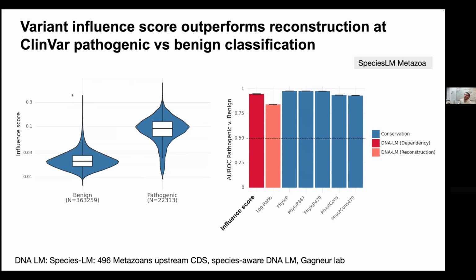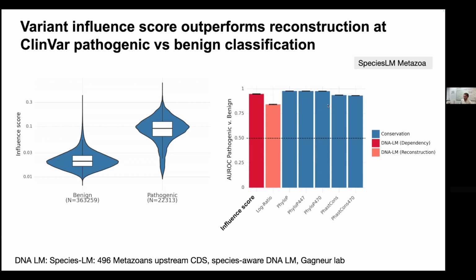As you can see, the influence score can already broadly differentiate between benign and pathogenic variants. Its performance is better than taking the log ratio, which is based on the reconstruction of the variant versus the reconstruction of the reference, but it's not better than other traditionally used scores that are based on alignment and conservation, like PhyloP and FastCons.